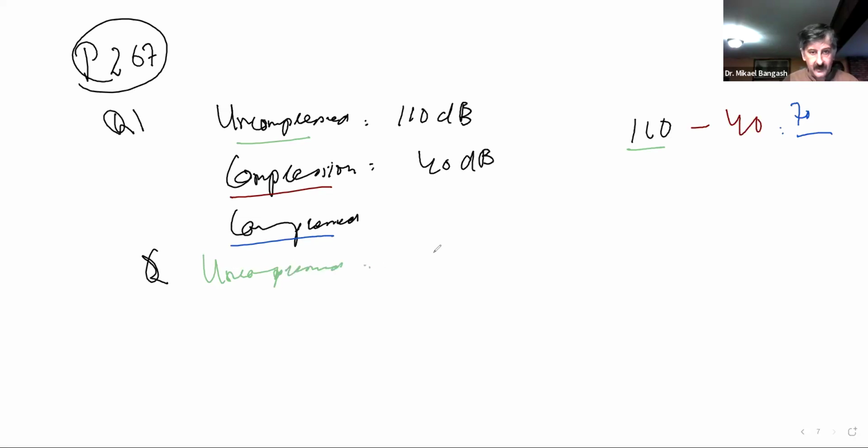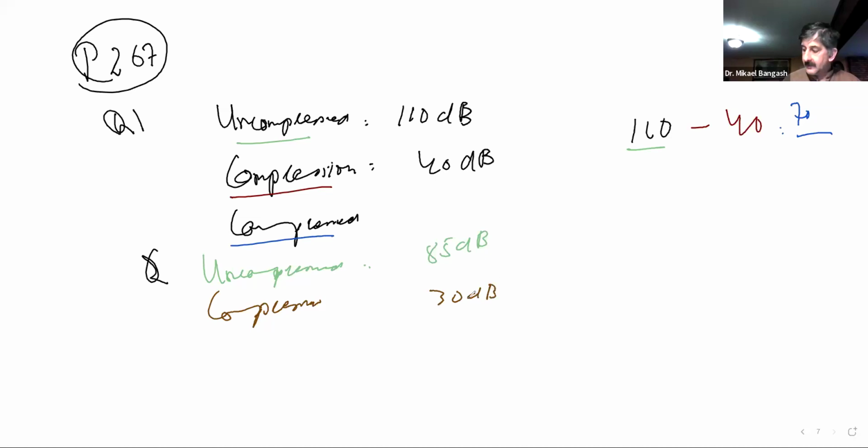That it has not been compressed yet. But we have 85 decibels. The signal undergoes compression of 30 decibels. So what do we have? We have a compression of 30 decibels.